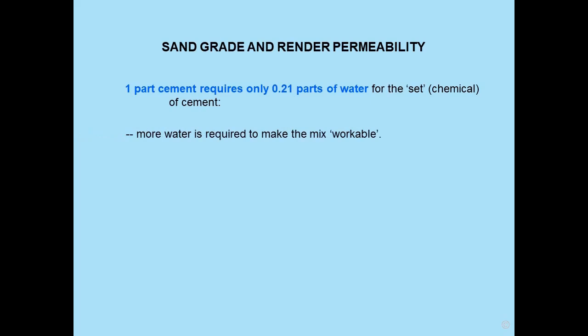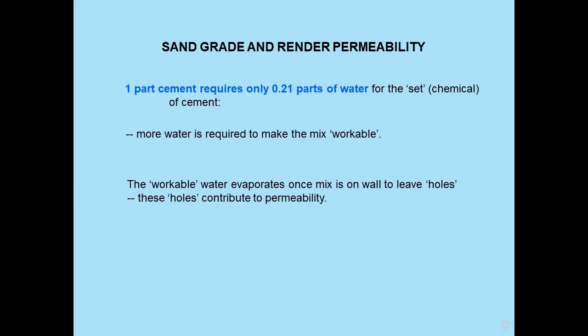The other feature that is important in a sand cement mix is the sand grade. 1 part cement requires only 0.2 parts of water for the chemical set of the cement. More water is required to make the mix workable.